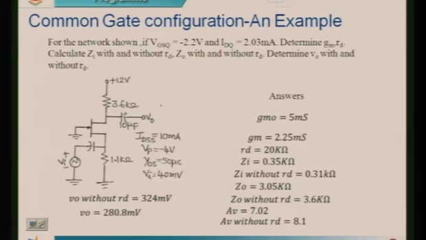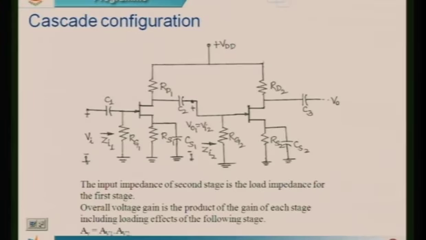Now, coming to cascade, till now we were discussing the different topologies of JFET. So, in all these analyses, we have considered JFET as the FET. So, we can replace JFET by MOSFETs also.